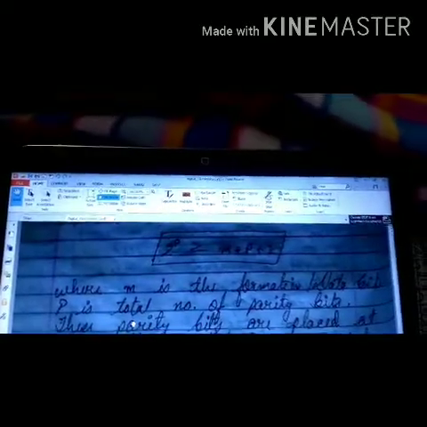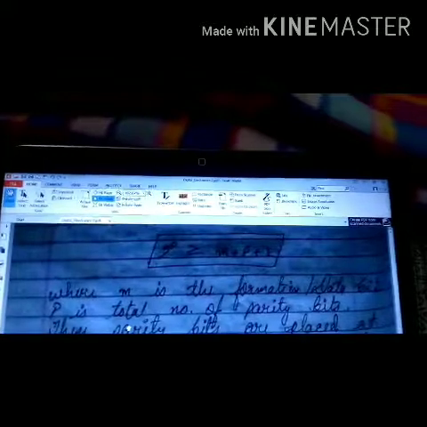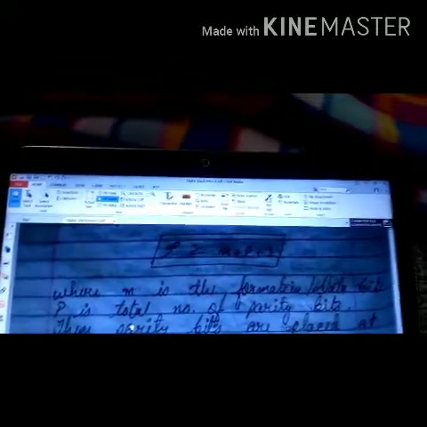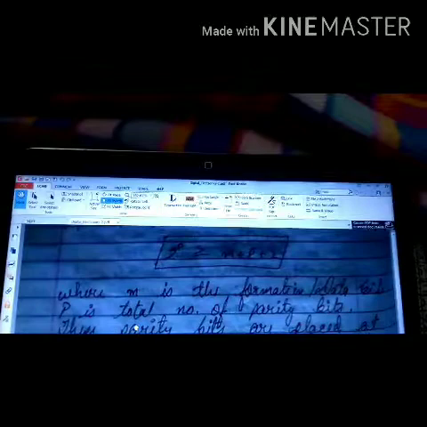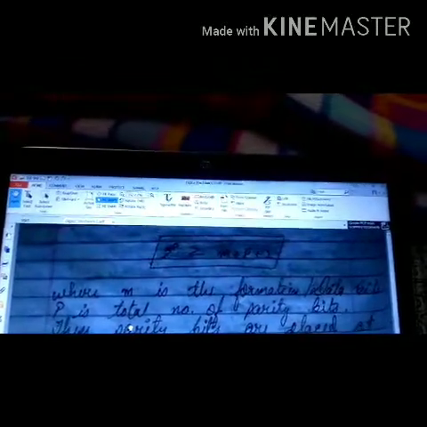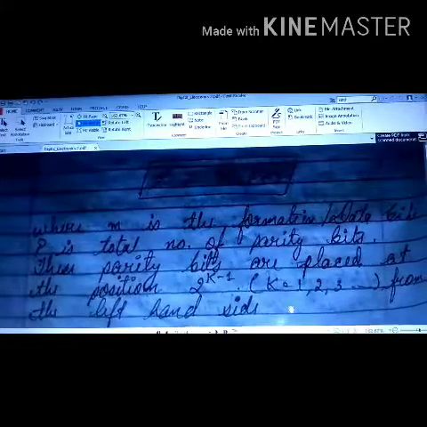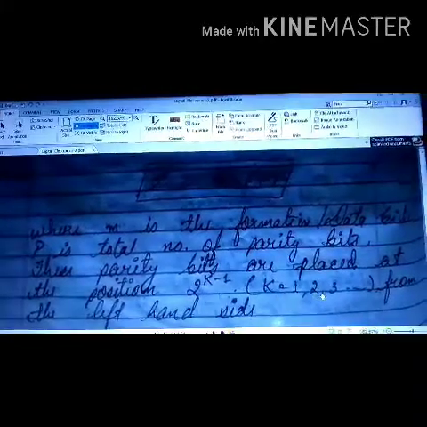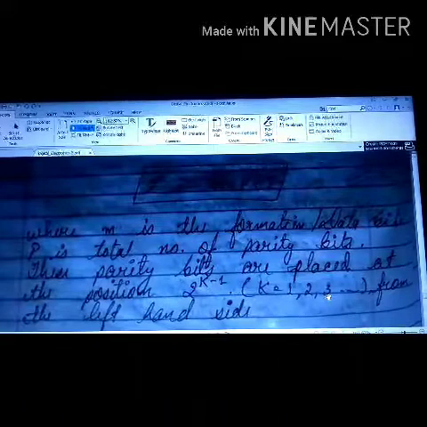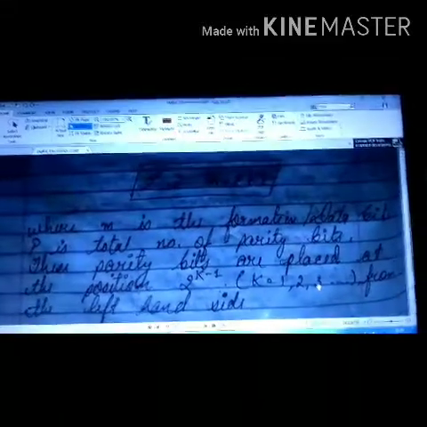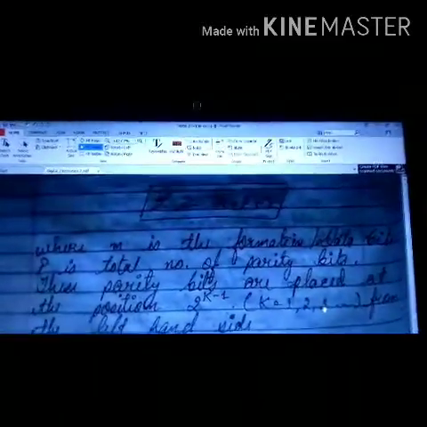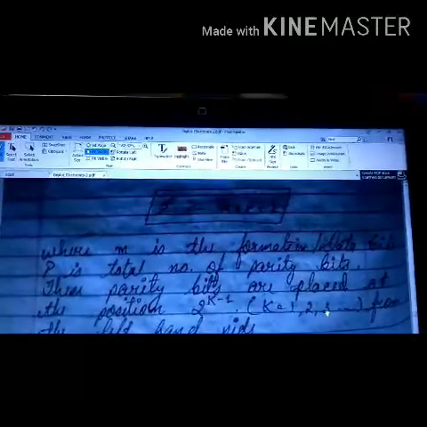The placement of the parity bits is given by the formula 2 to the power k minus 1, where k can assume any value from 1 to 3 and so on, and this should be counted from the least significant digit side of the code word.